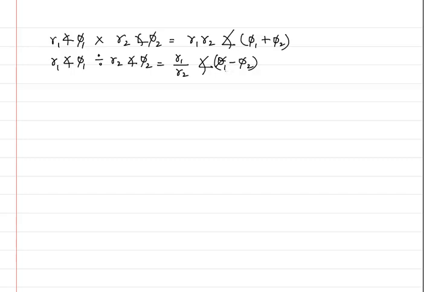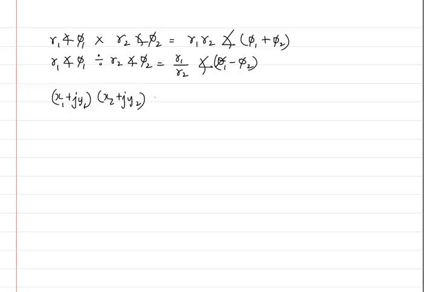Now, can we do the multiplication of x1 plus jy1 and x2 plus jy2? Well, one method is you convert them directly into polar, like this one is converted to this and this is converted to this, and then you do the multiplication. That is the easiest method.